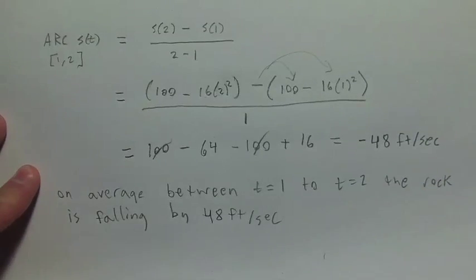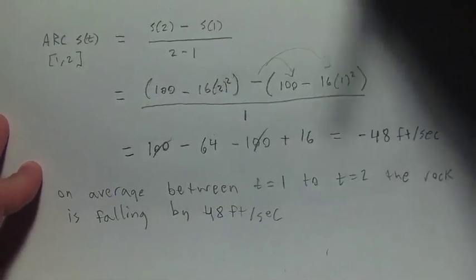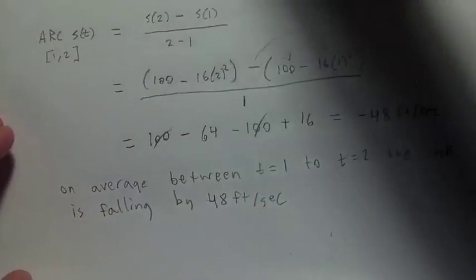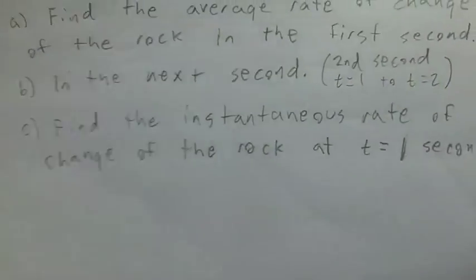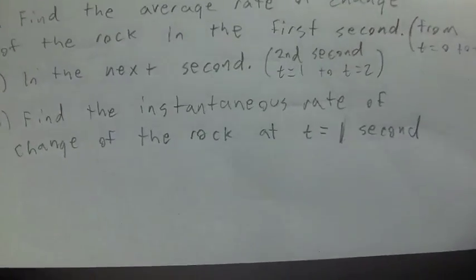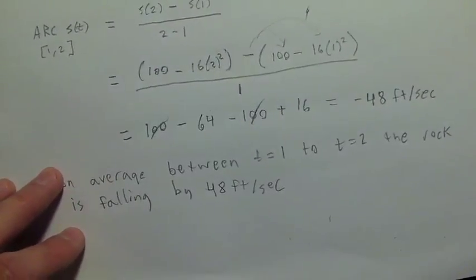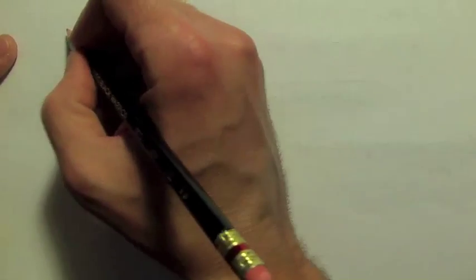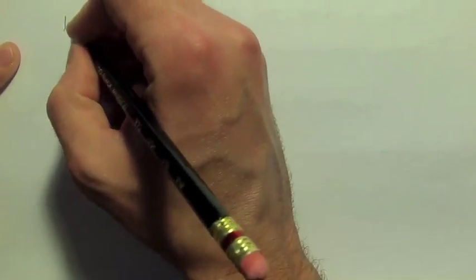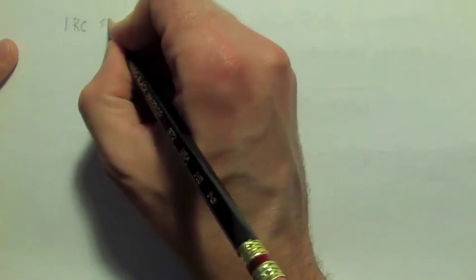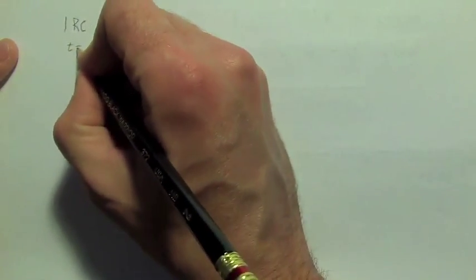Okay. Now, let's look at part C, which is finding the instantaneous rate of change of the rock at t equals 1 second. Okay, so let's calculate that instantaneous rate of change of s of t at t equals 1. Well, let's go back to what our definition of that was.